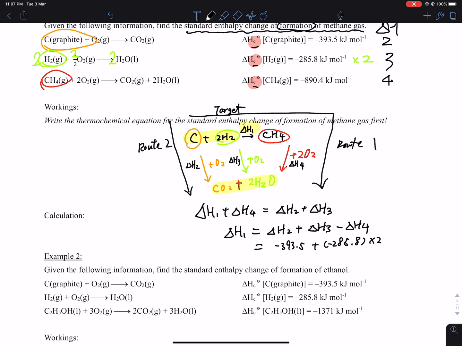Don't forget to times 2. Then minus negative 890.4. So the answer is negative 74.7 kilojoules per mole.